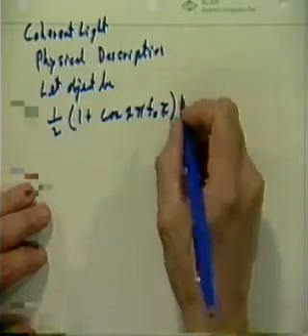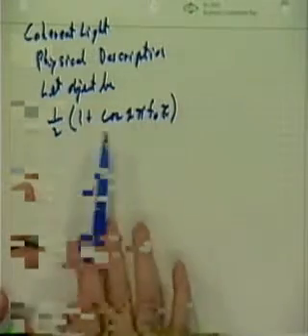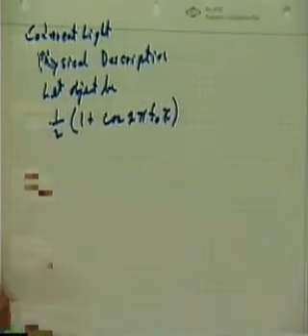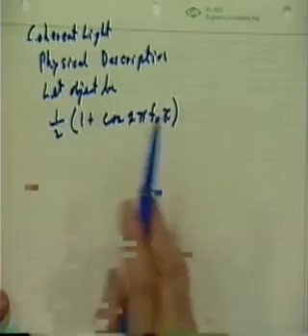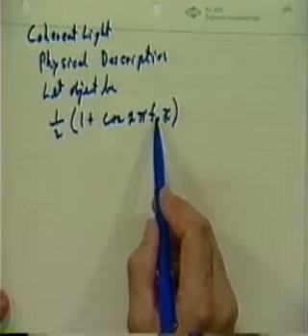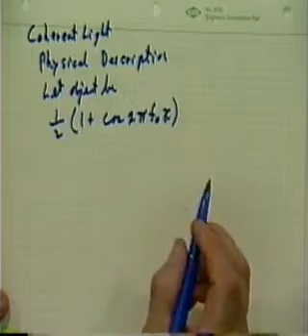And we can think of this either in object space, where this is the frequency of the object, or we can think of it in image space, where this will be the frequency of the image here.